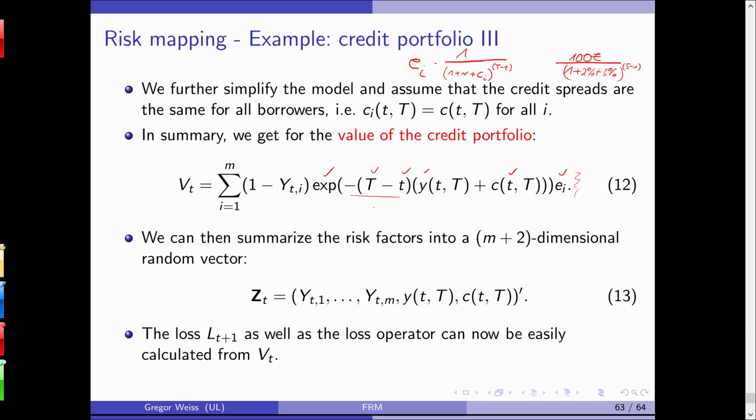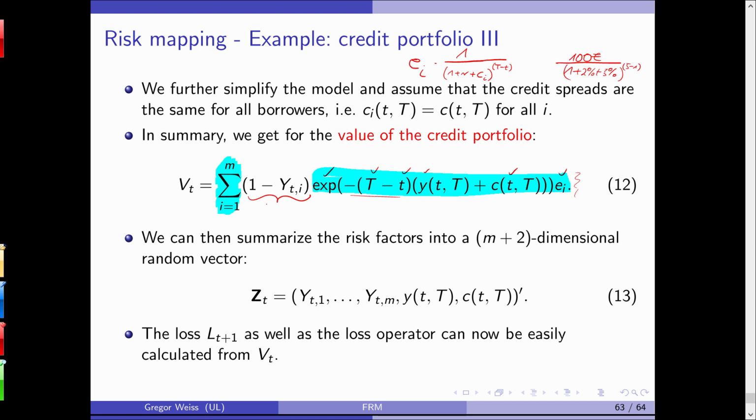So this is clear now. And we have M loans. So we have to add up all the values of the M loans. The only thing that is unclear right now is why we have to include 1 minus y. And why is that?